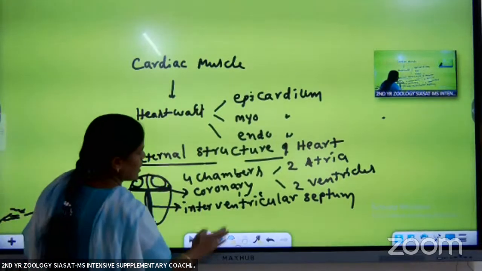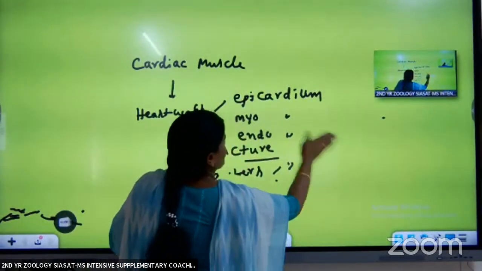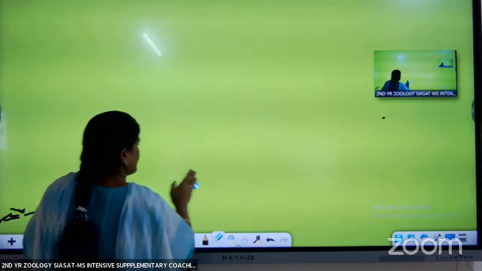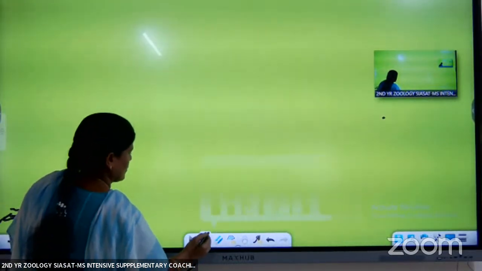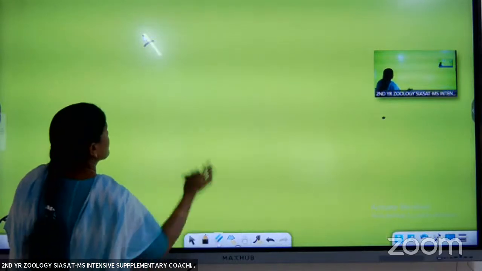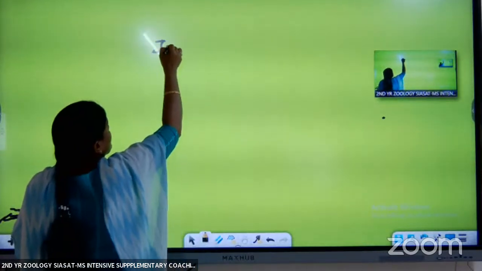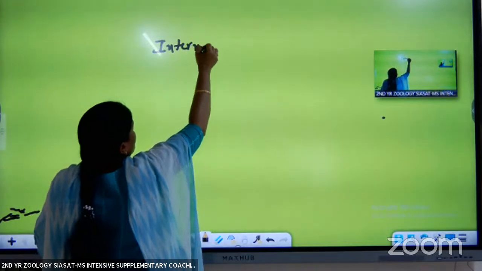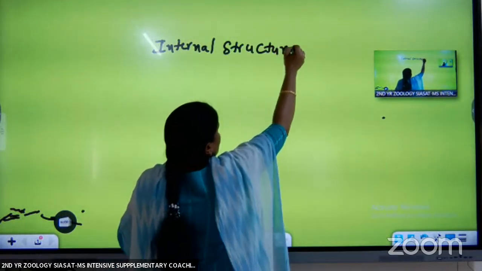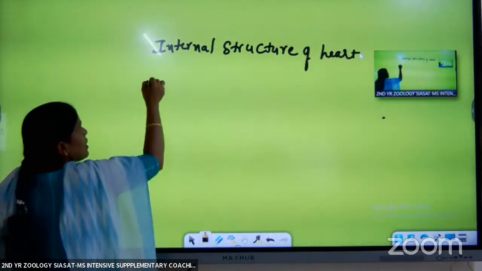Now, next we are going to discuss the internal structure of the heart. In the internal structure of the heart, the first is the atria.